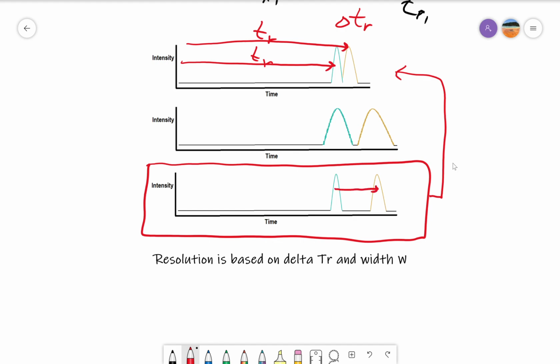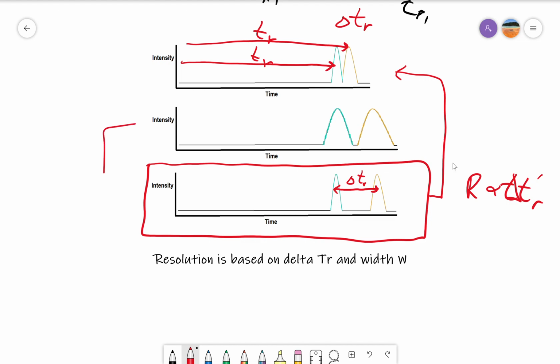So the larger the difference in their retention time, the bigger the resolution. Larger delta T prime R, the larger the resolution.